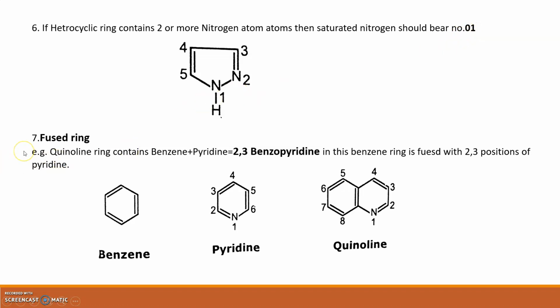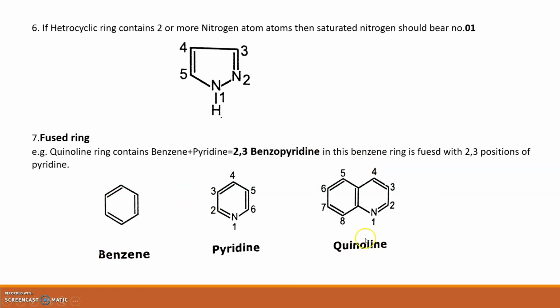Next, very important is the fused ring. What exactly do we do in a fused ring? Suppose two rings are connected to each other, at that time we will number like this. For example, suppose this is the structure of quinoline, where a fusion is occurring between positions 5, 4 and 8, 1. This structure is written separately here, like benzene and pyridine joined together.